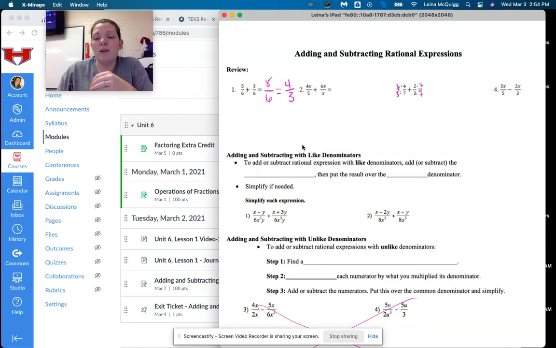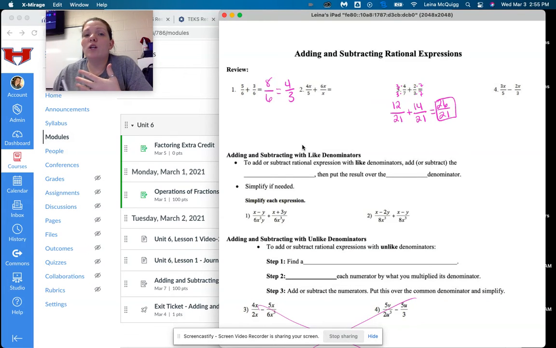So on this first fraction, I'm going to multiply the denominator by 3 to make it 21. So that means I have to multiply the numerator by 3 as well. So 3 times 4 is 12 over 21, plus 2 times 7 is 14 over 21, and this is going to be 26 over 21. It's my final answer. Can't simplify that any further.